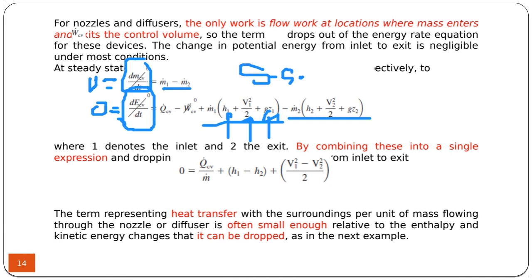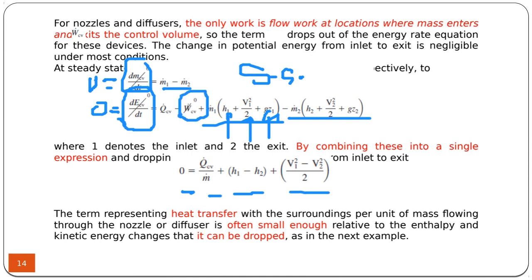So if we rearrange this equation, we get another equation in which the left-hand side is 0, Q interaction, the enthalpy change of the incoming and exiting air plus kinetic energy change of the incoming and exiting air, because there is no change in the elevation, so the potential energy does not change. And because there is no work done on the system, we can take W dot to be 0.